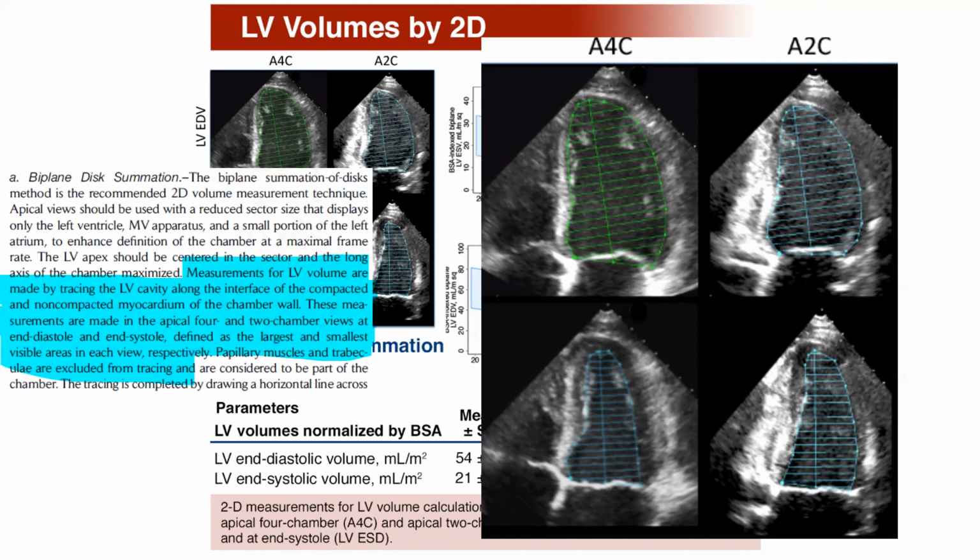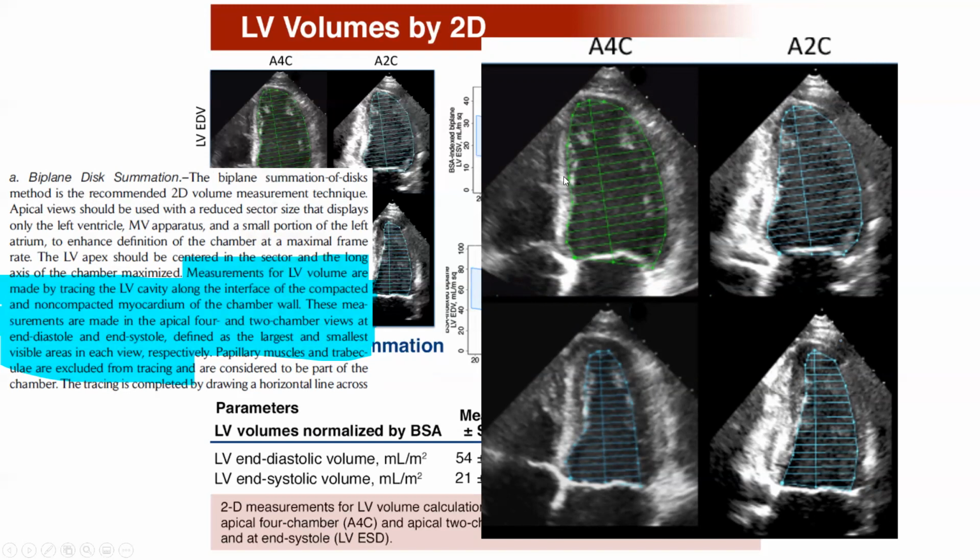Measurements for LV volume are made by tracing the LV cavity along the interface of the compacted and non-compacted myocardium of the chamber wall. These measurements are made in the apical 4 and 2 chamber view at end diastole and end systole, defined as the largest and smallest visible areas in each view, respectively. Now, very important, papillary muscles and trabeculations are excluded from the tracing.